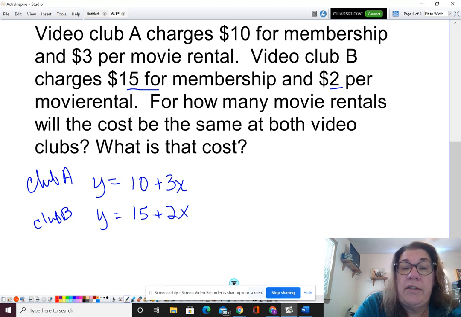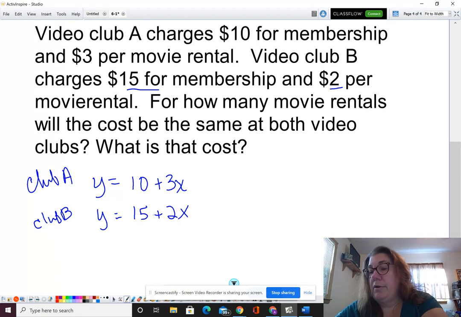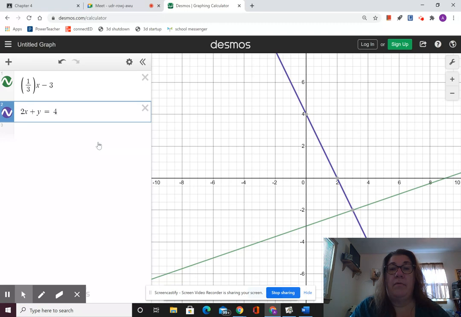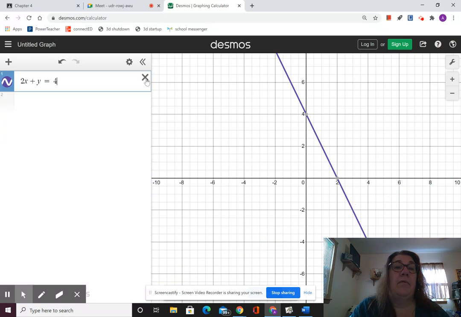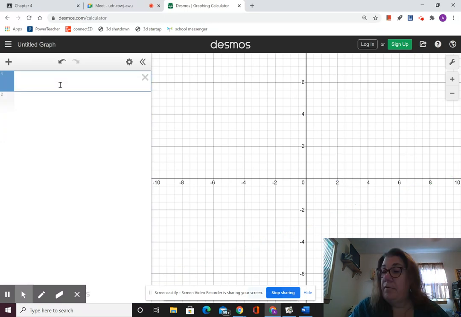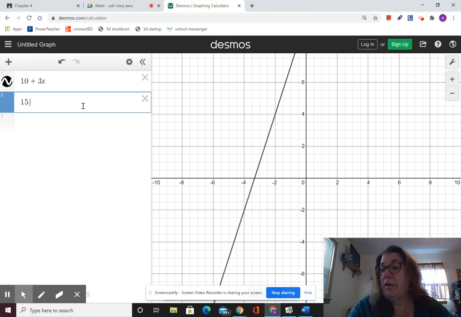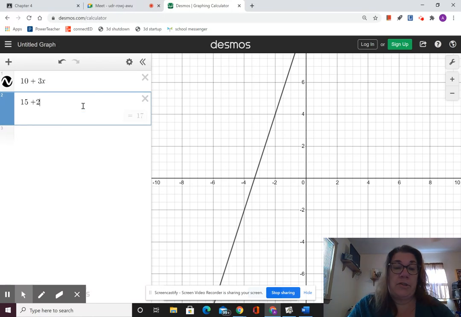So we could take those two equations, go back to Desmos and find out where they intersect. And plus 3x and 15 plus 2x.